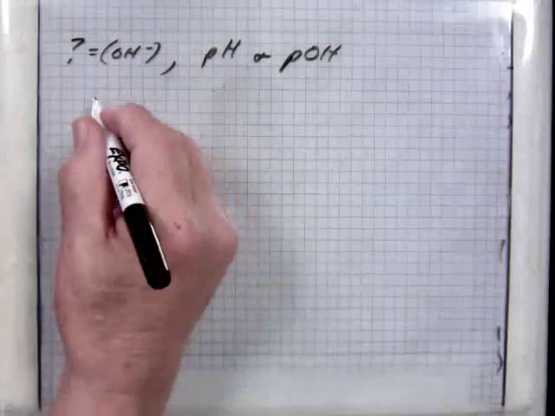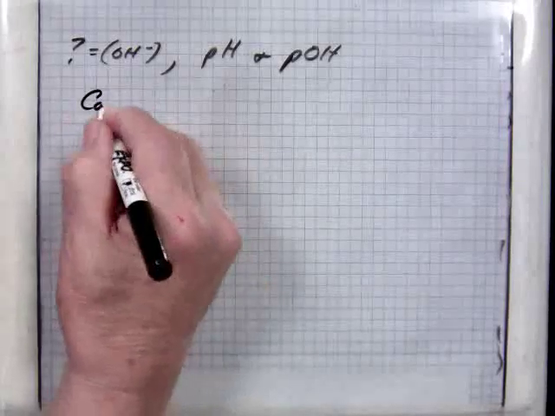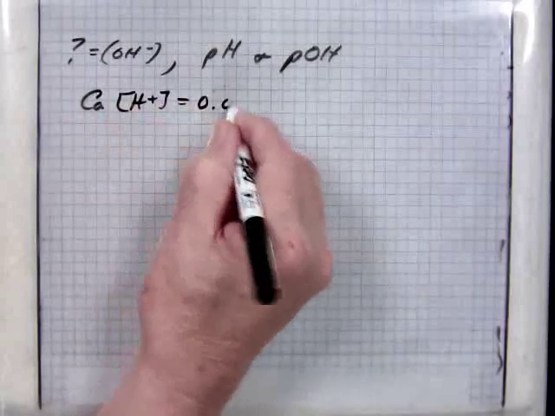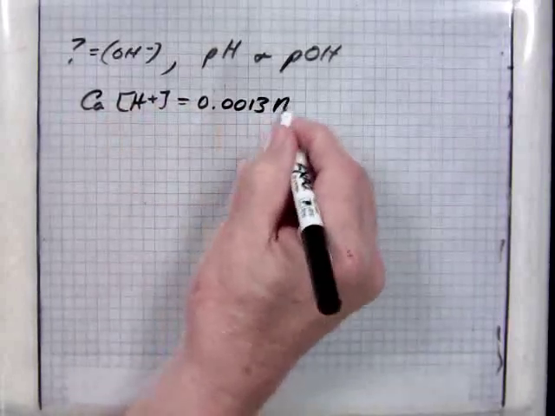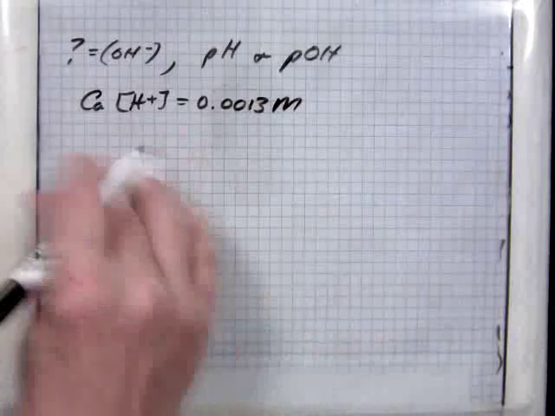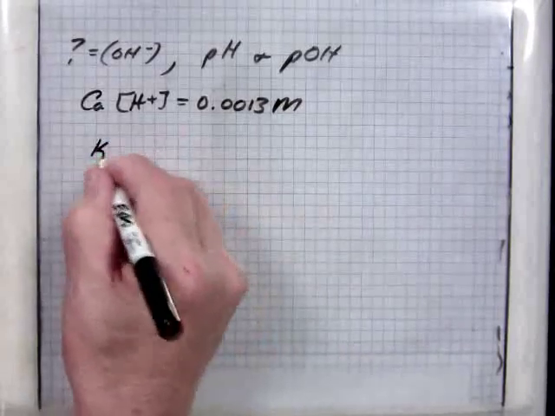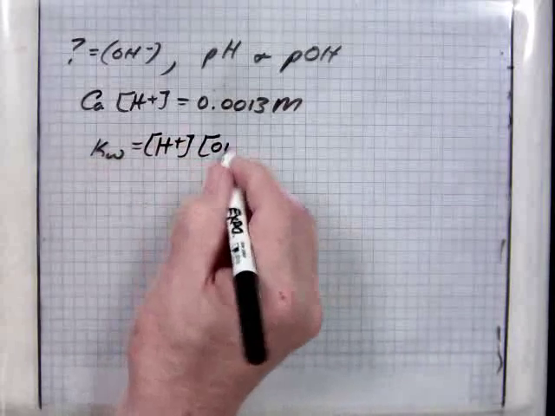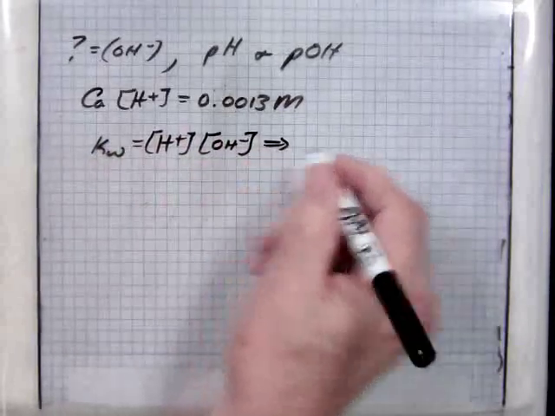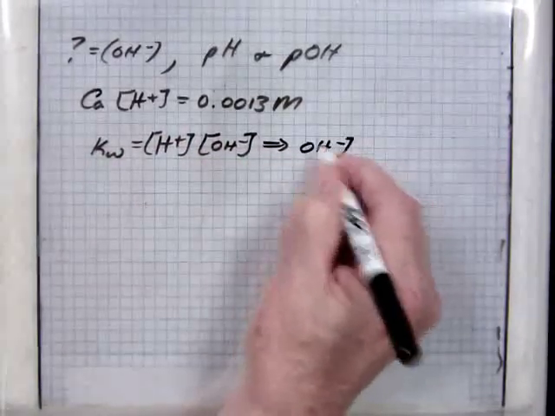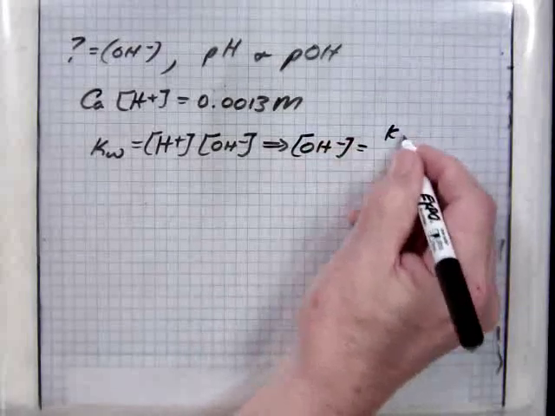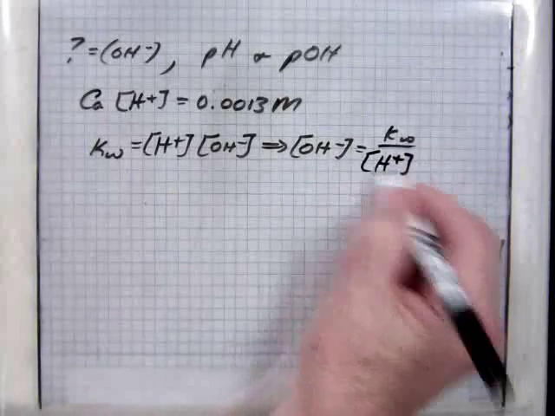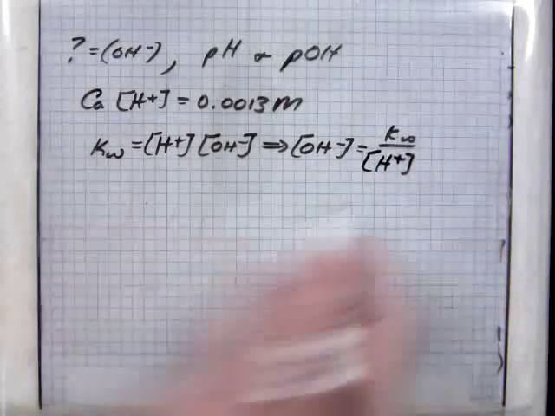You have calculated the hydronium ion concentration is 0.0013 molar. Then you can use the Kw expression to solve for the hydroxide, Kw divided by the hydronium ion.